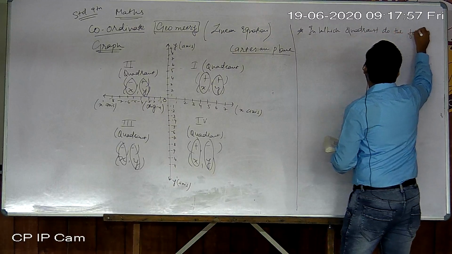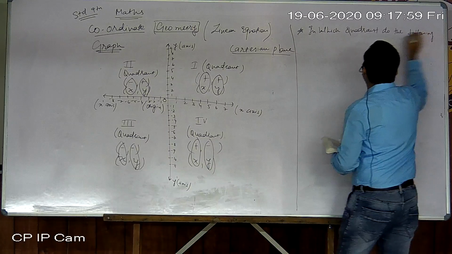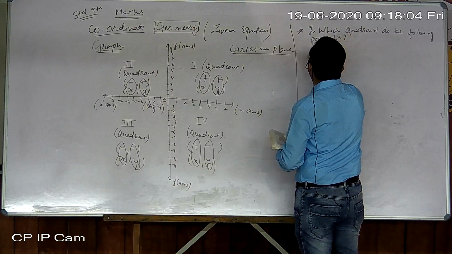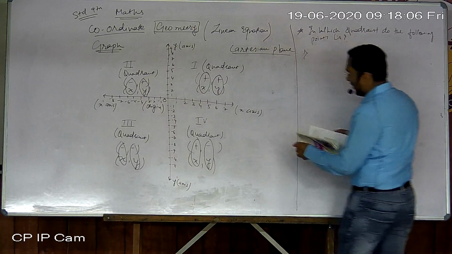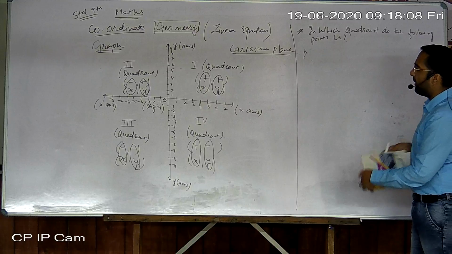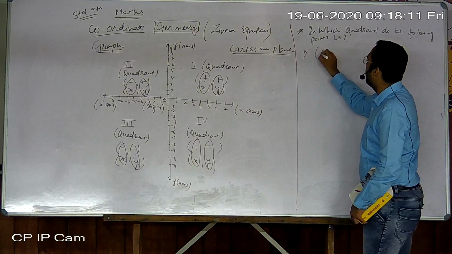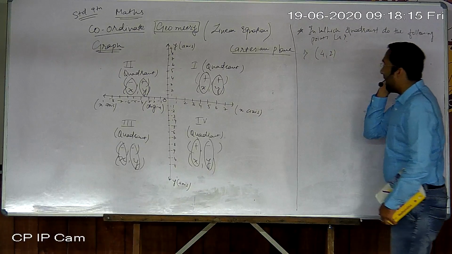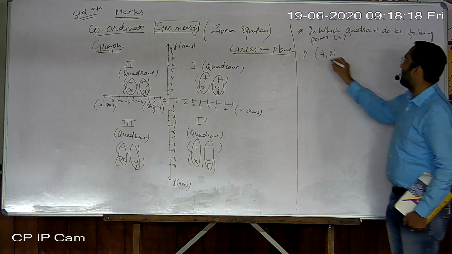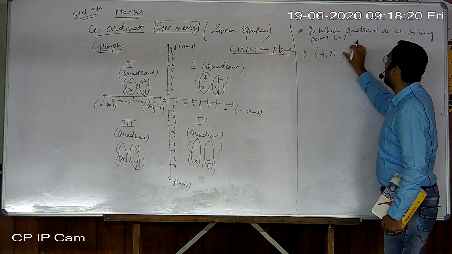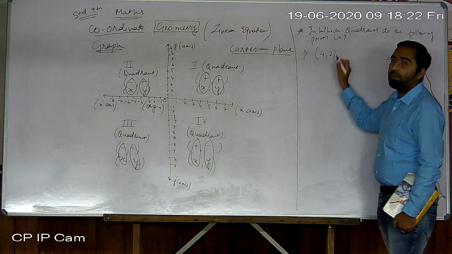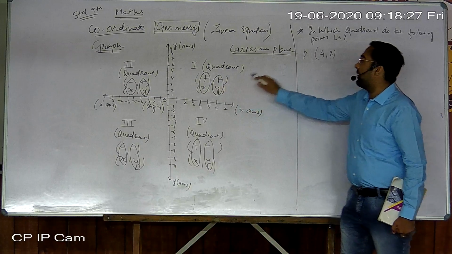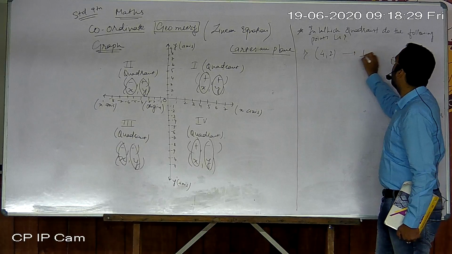First one is 4, 2. My value of x is plus 4 and the value of y is also plus. Therefore both of them are plus. Then which quadrant do they lie in? They lie in the first quadrant.